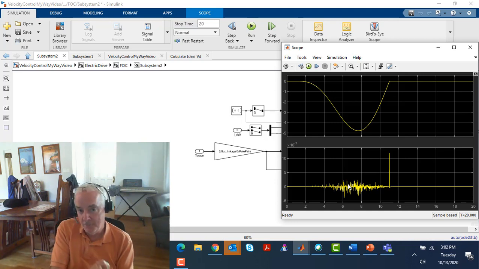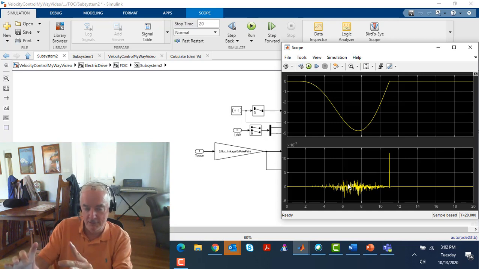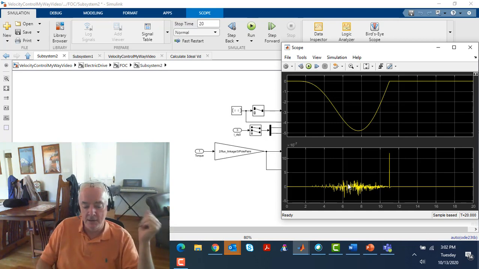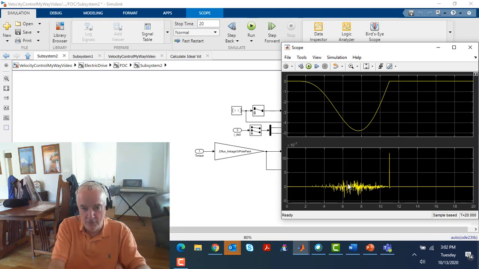And very specifically, we presume that we know what these currents are. We're using D and Q in this subsystem we're in right now, but ultimately it's the current that's passing through those electromagnets.